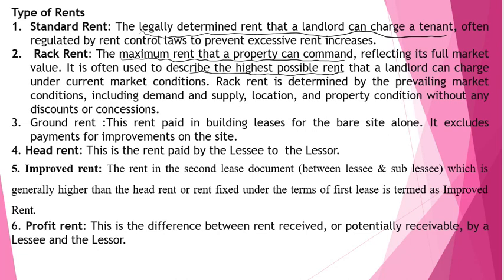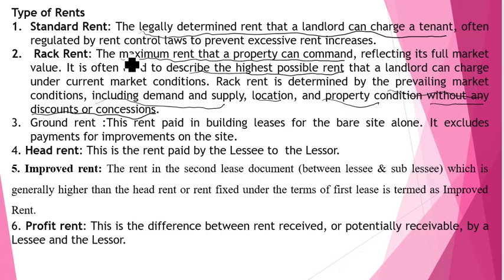It is determined by prevailing market conditions, including demand and supply, location, and property condition, without any discounts and concessions. See here, it is rent without any discounts or concessions. This is what a property can fetch in the market.